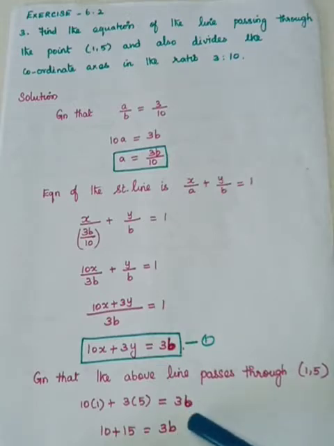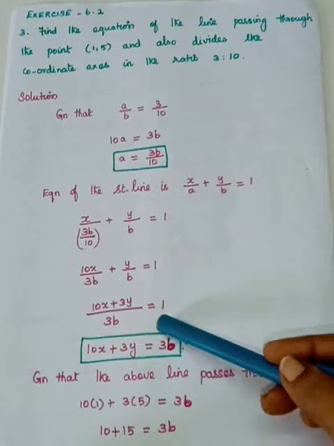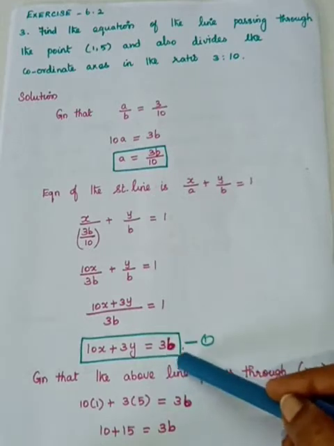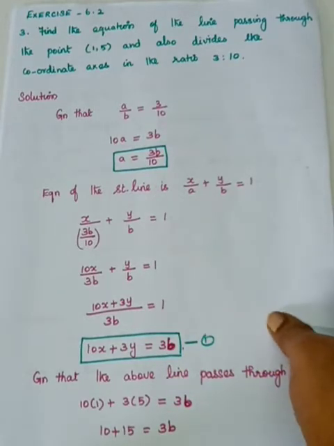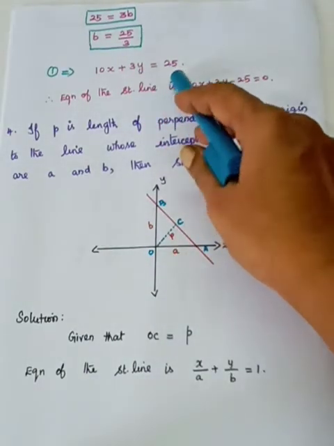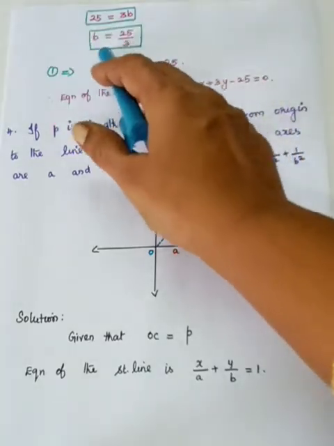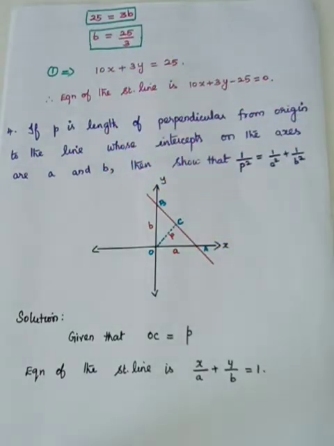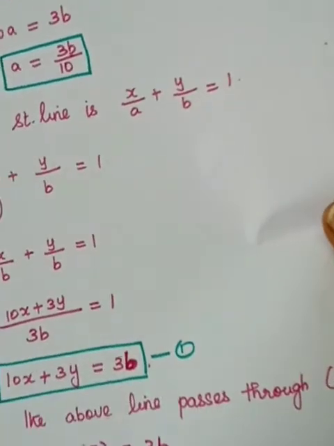It is 3b, 3b is equal to 25. So in the place of 3b, we substitute 25. Therefore the equation of the straight line is 10x plus 3y is equal to 25. You need not find out b, because on the right hand side you have only 3b, so 3b is equal to 25, you can write.